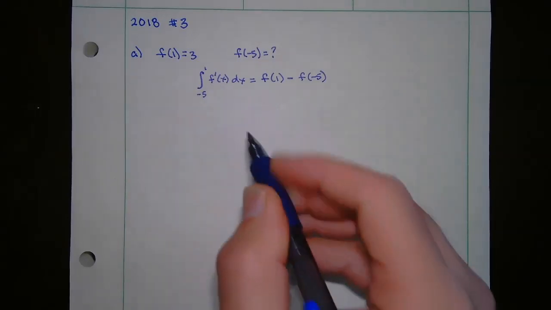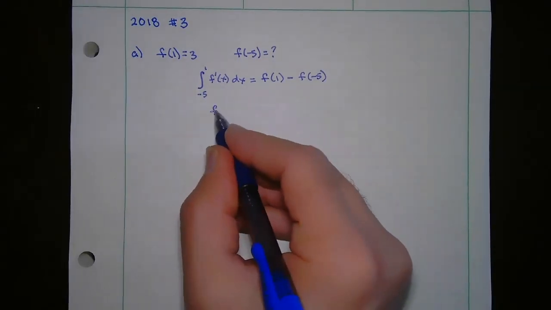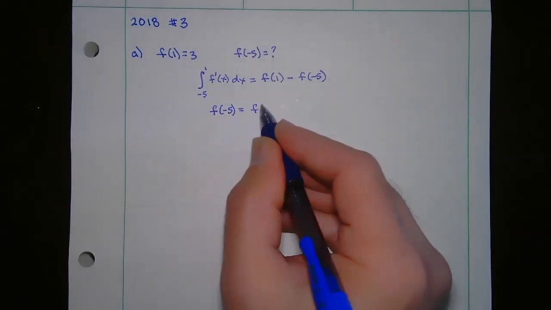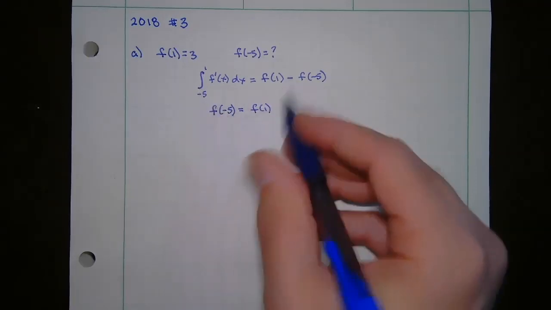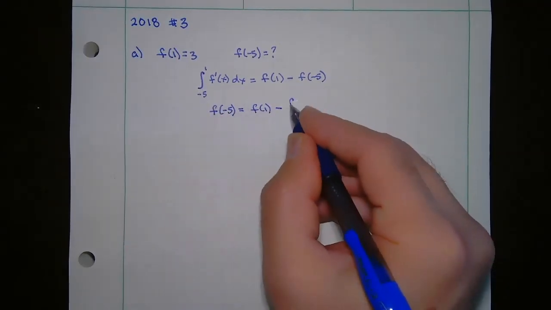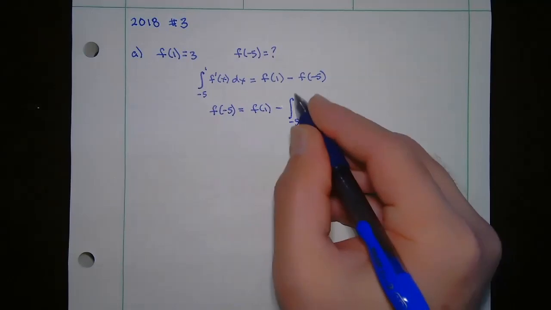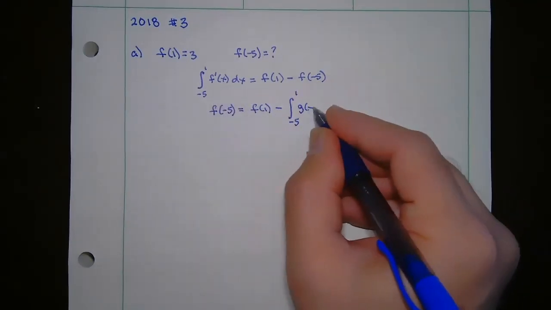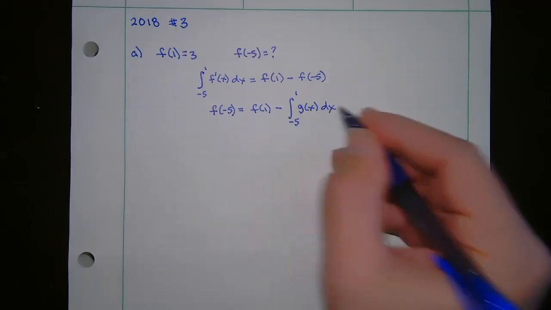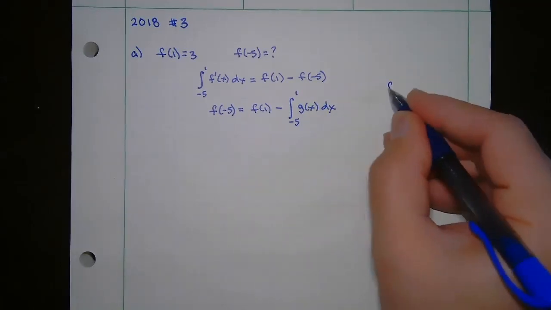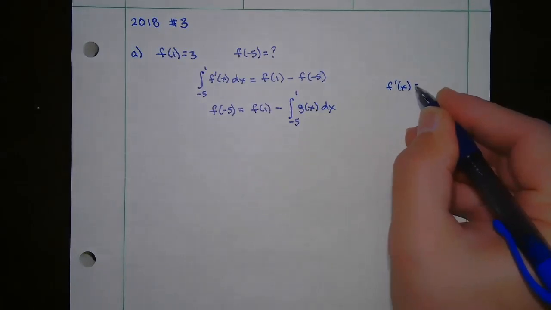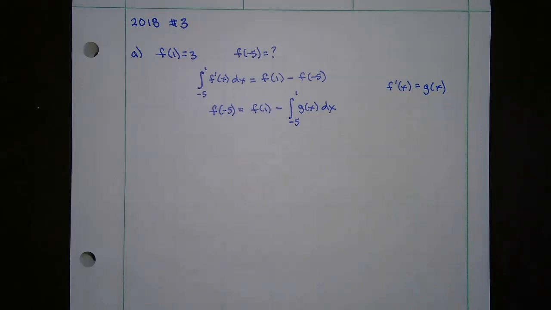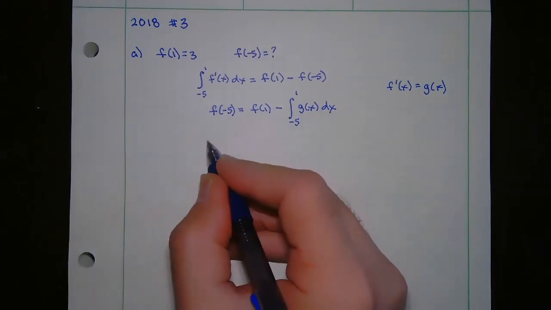So f of -5 is equal to f of 1, and because I'm moving it over, it becomes minus the integral from -5 to 1. Instead of f prime, I'm going to write g, because f prime of x is equal to g of x. I know f of 1 is 3, so that's going to be the start.